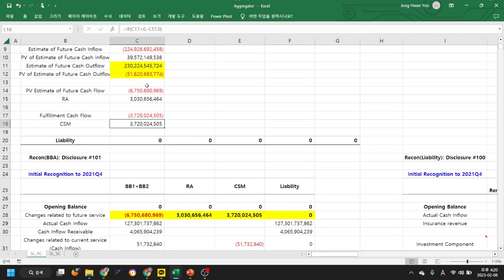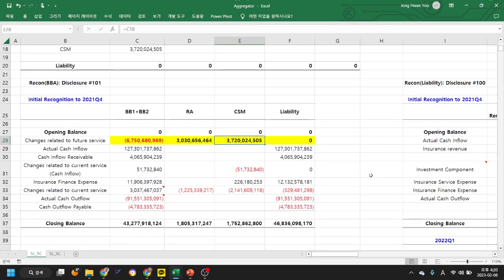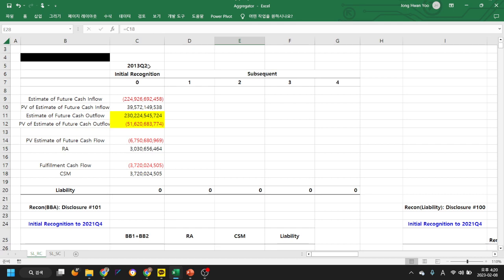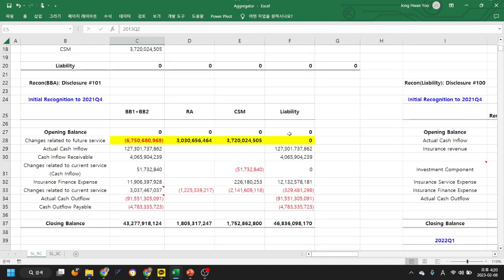This is the summation of building blocks 1 and 2, and then RA is building block 3, and initial CSM is here, and that's when I measure on 2013 second quarter. And I'm trying to transfer all the way up to 2021 December 31st.